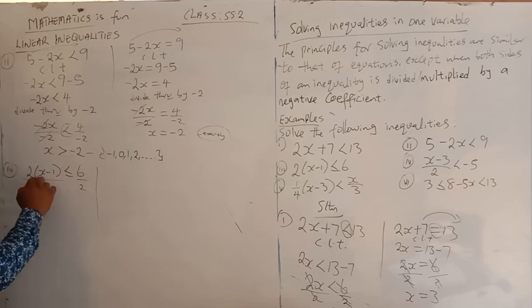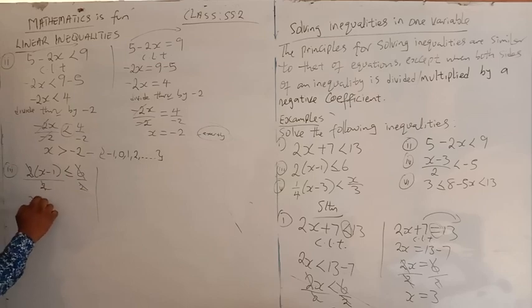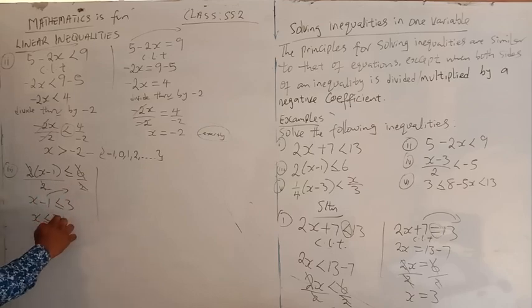So reducing this will give me x minus 1 less than or equal to 3. So if you move this negative 1 to the right-hand side, you have x less than or equal to 3 plus 1, and my x is less than or equal to 4. The sign is not changing because I am not dividing through by a negative.